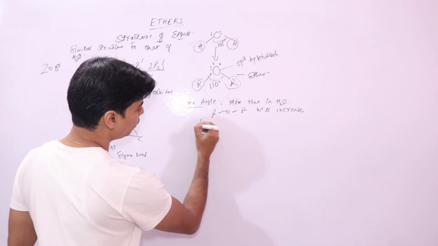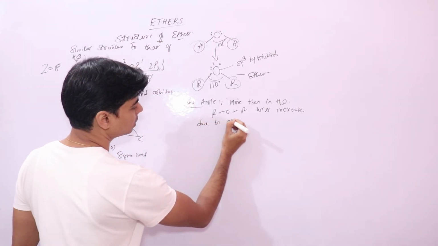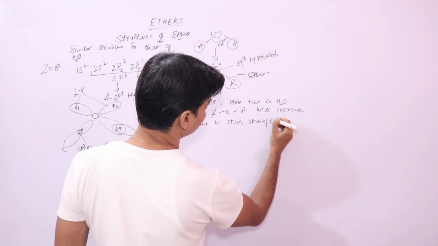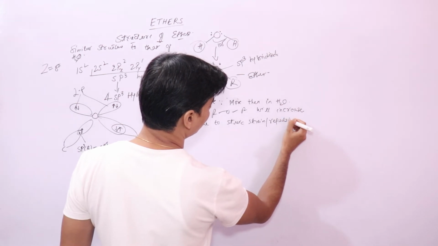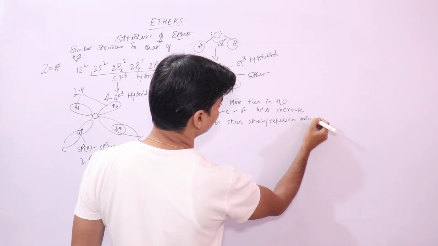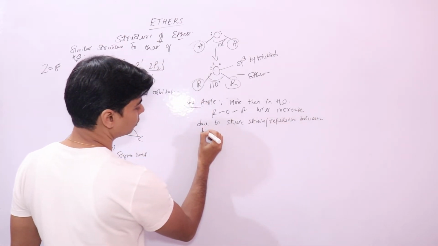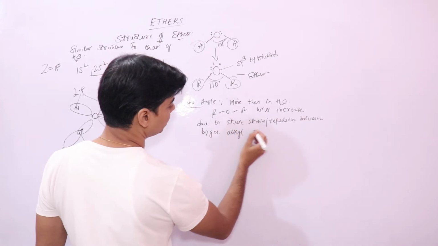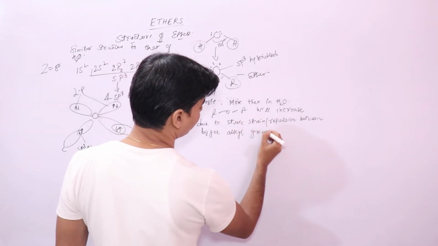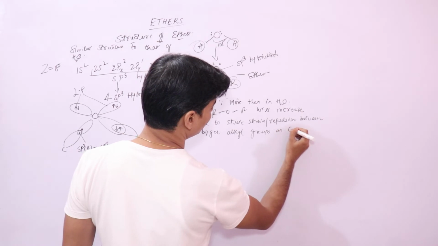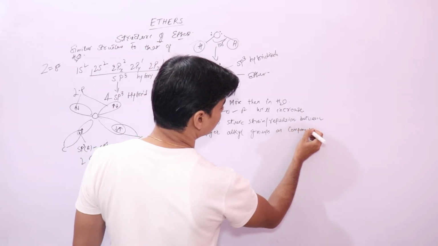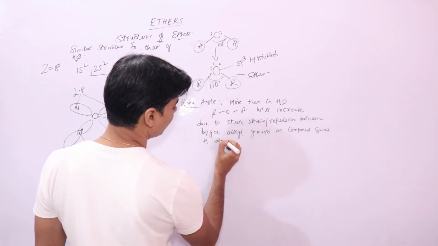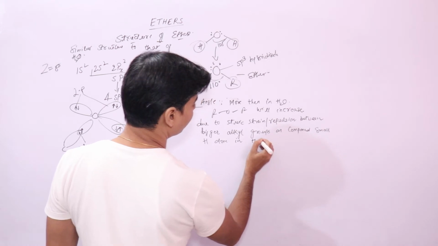This is due to steric strain or steric repulsion between bigger alkyl groups, as compared to small hydrogen atoms in water.